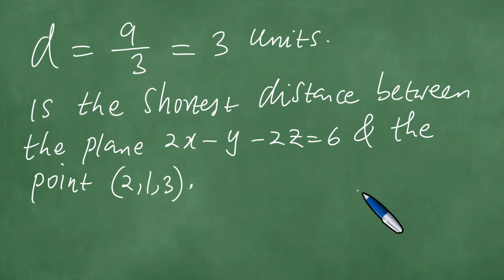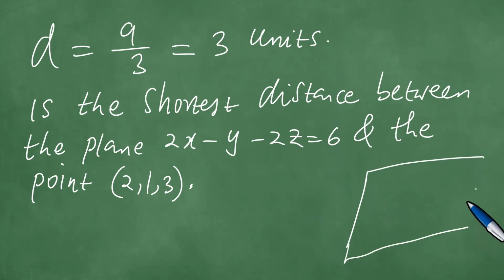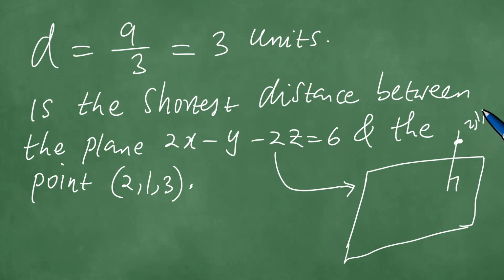Well, what does all this mean to us? Let us analyze this together very quickly. So we have the plane whose equation is that one there. And now we have the point 2, 1, 3, that is a point not on the plane.